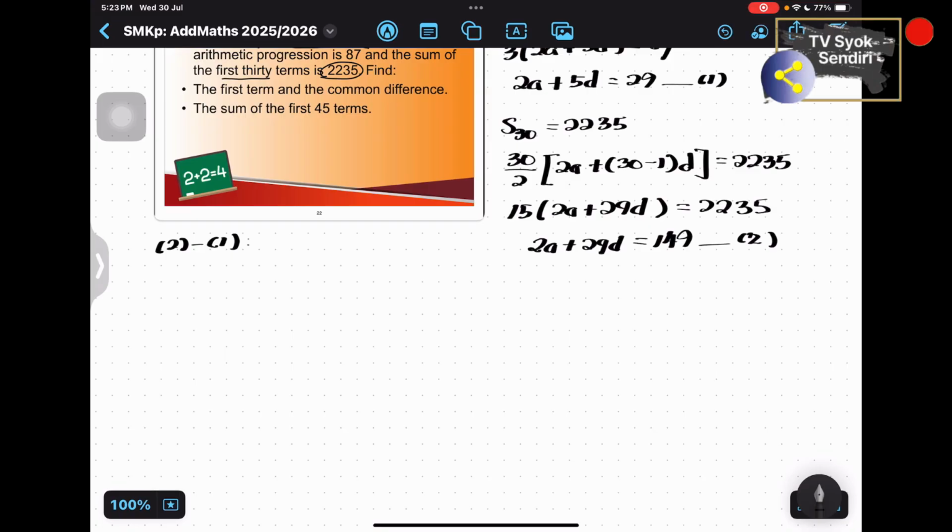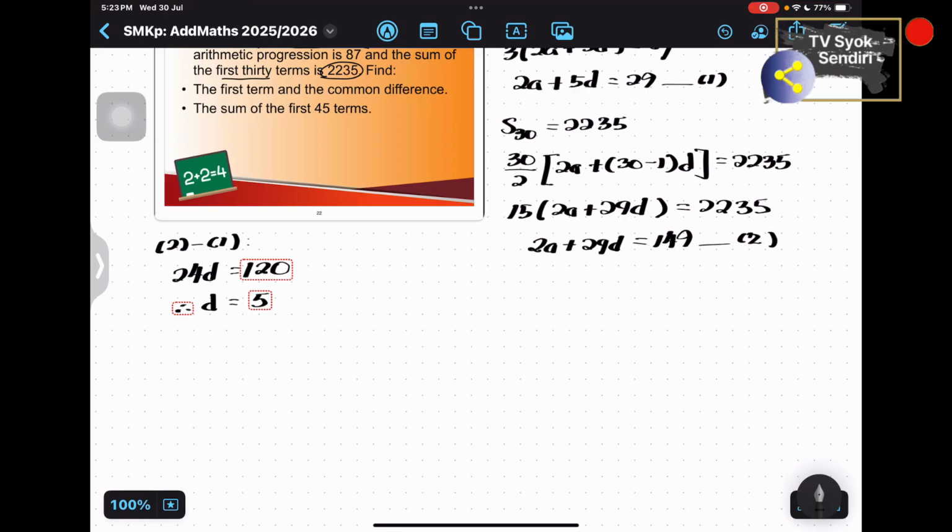Then 2a minus 2a, 0a. 29d minus 5d, I have 24d. And then 149 minus 29, I have 120. So therefore, my d is equal to 5. This is how I get my d already. Congrats, we're done for the d.